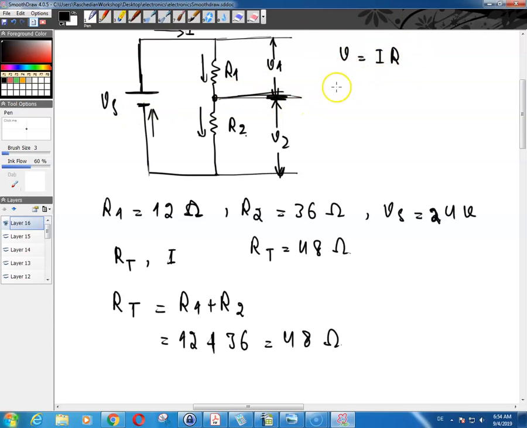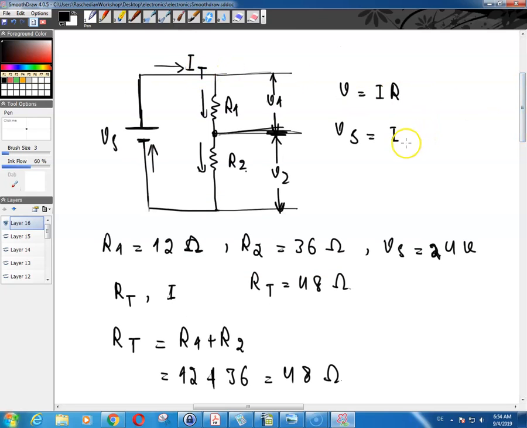So instead of V, I can write V of S is equal to, if you call this current I of T, I of T times R of T. R of T is the equivalent resistance of these two resistors. You can imagine that instead of these two resistors, you had just one resistor with the value 48 ohms connected exactly between this point and this point.